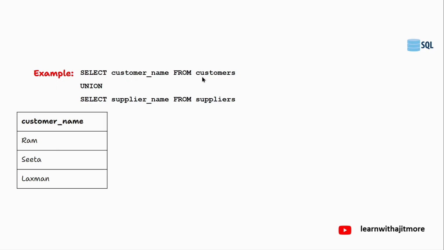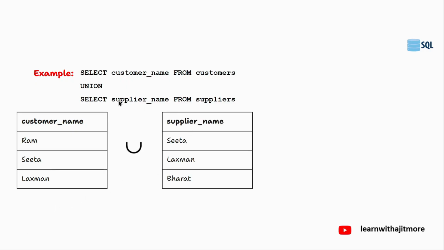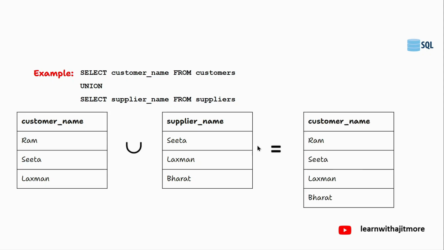When you run the first query, you'll get the names of the customers. When you run the second query, you'll get the names of suppliers. And when you take the union of it, you will get a new list combining the records of the first query and below that the result of the second query.